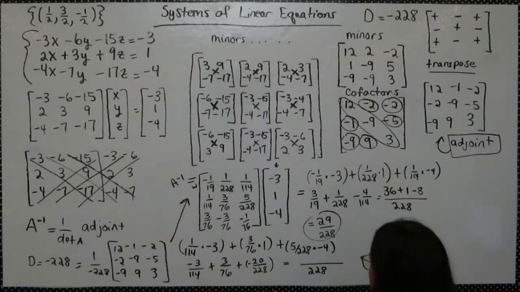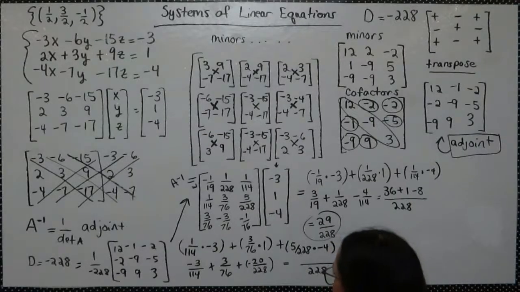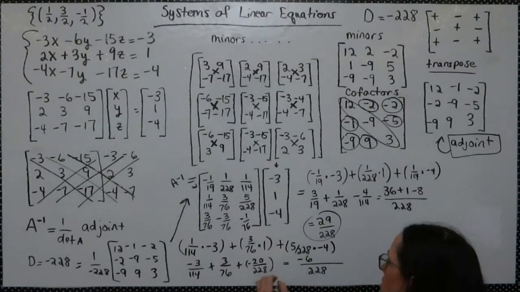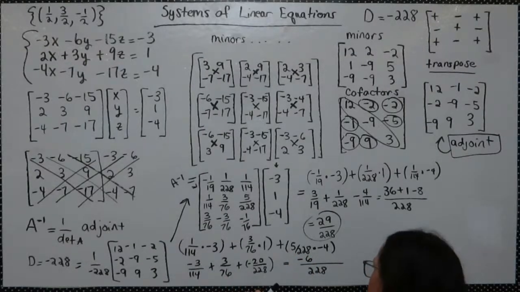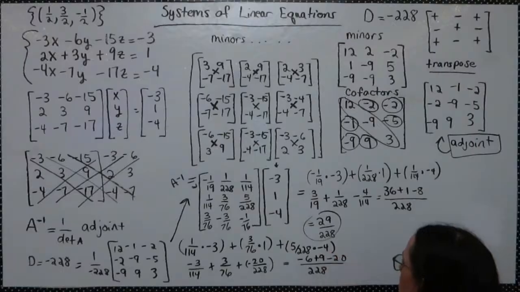So, see, that's 2, so that's going to be a -6. 76 times 3, so that's going to be a +9. And then 228, that's going to be -20.